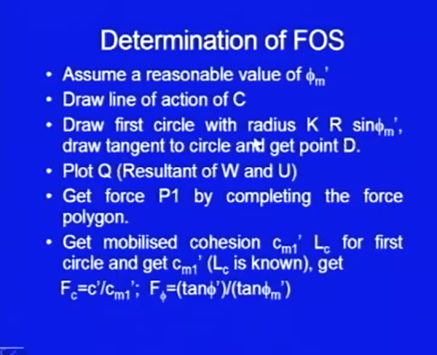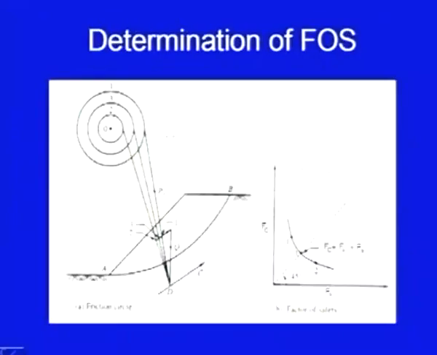Draw the first circle with radius k r sin phi m dash and draw a tangent to the circle and get point D. So, this is the first trial circle which we have drawn. This is the modified friction circle. Draw a tangent to it, so that gives you the direction of P, and get this point of intersection D.